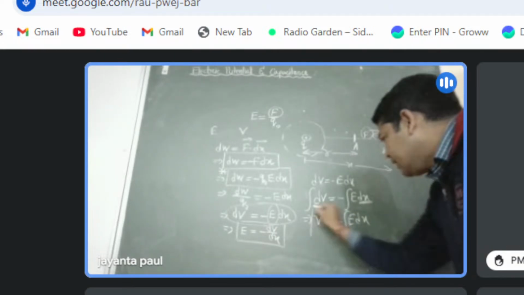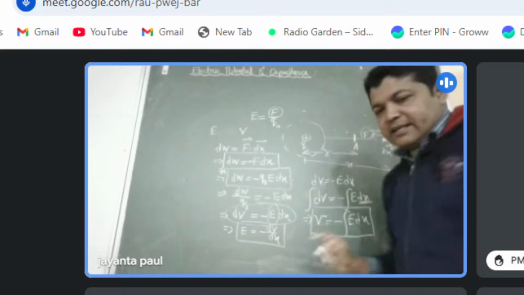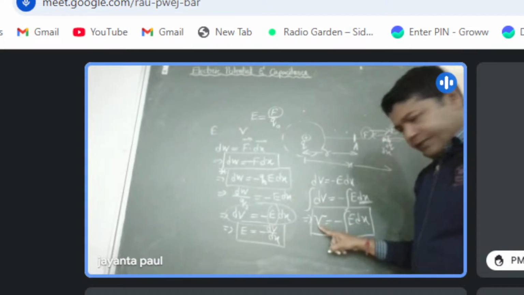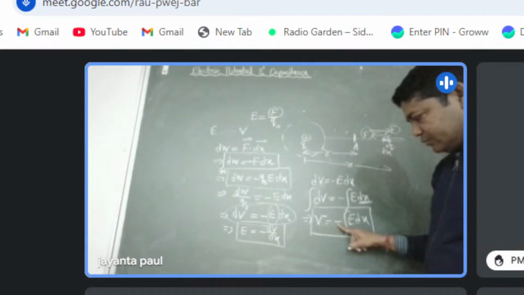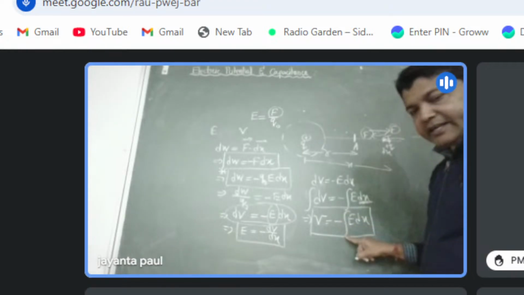So this formula is also correct, that electric potential at a point is equal to the negative line integral. Why line?